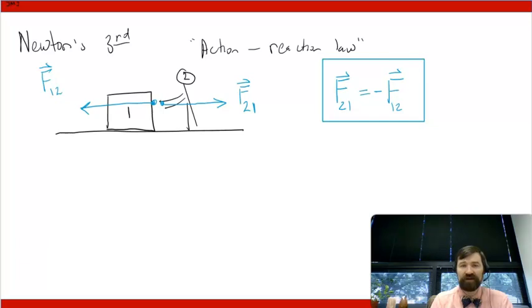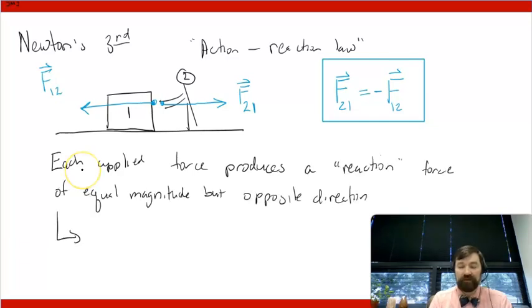This person pushing on the box might be the action. The reaction might be that the box pushes back on the person. Put differently, we might say that each applied force produces a second force, a reaction force in other words, of equal magnitude but opposite direction to the original force, or the original action force.